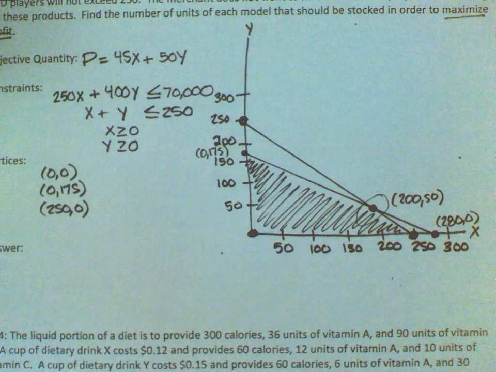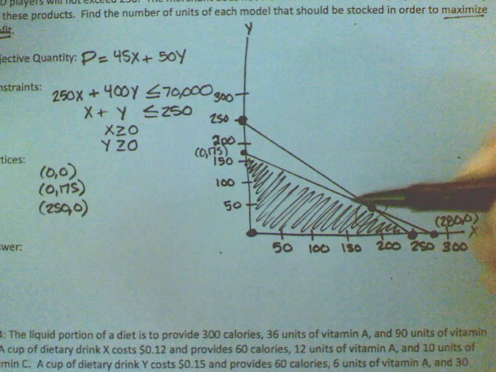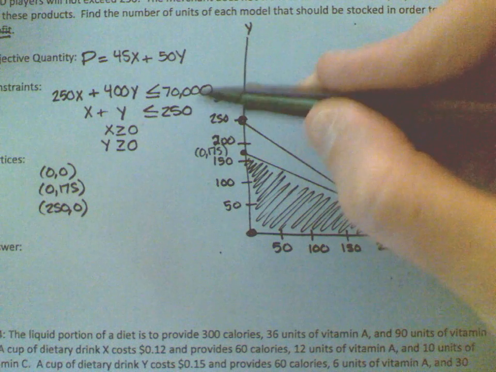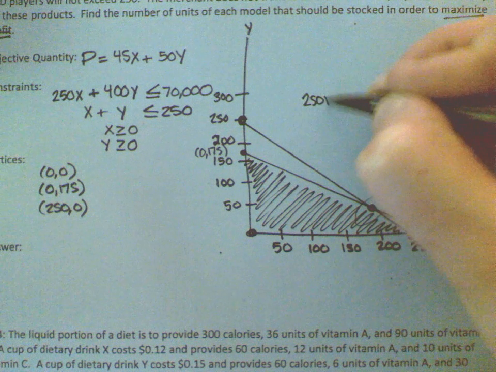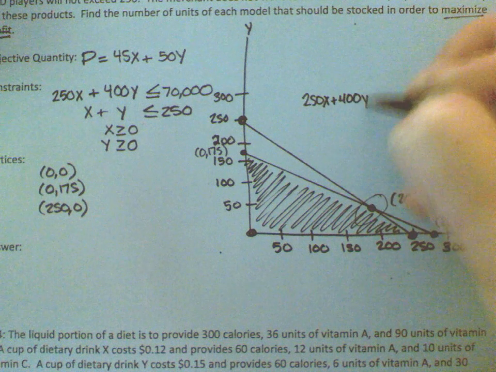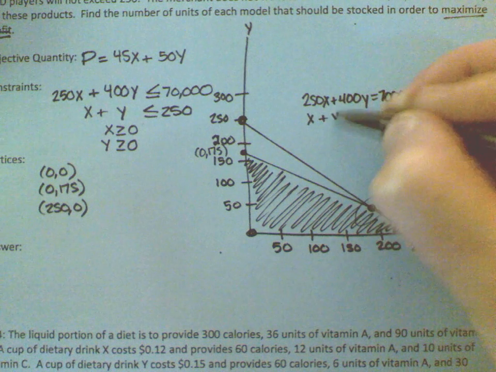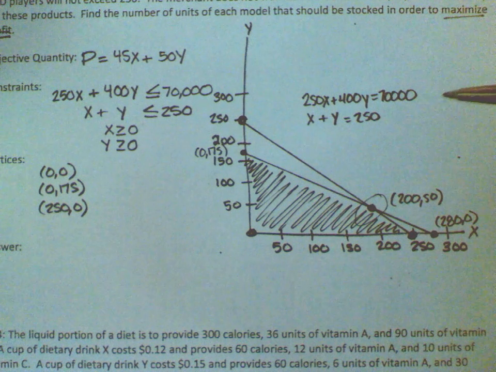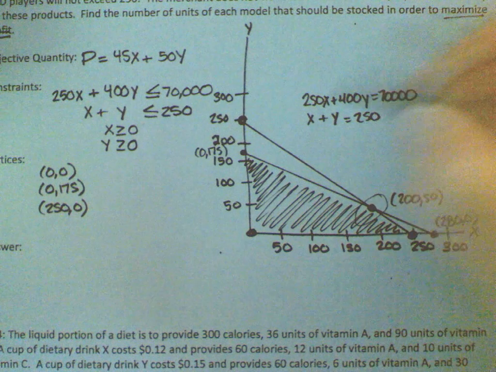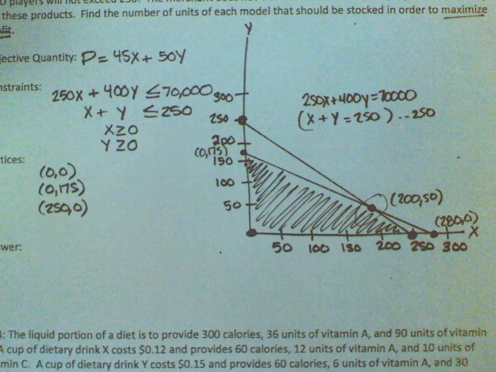So if I really want to make sure that I have the right location, I'm thinking these are the two lines right here. Set up a system. 250x plus 400y equals 70,000. x plus y equals 250. Solve the system. I could solve this by elimination. Times negative 250.